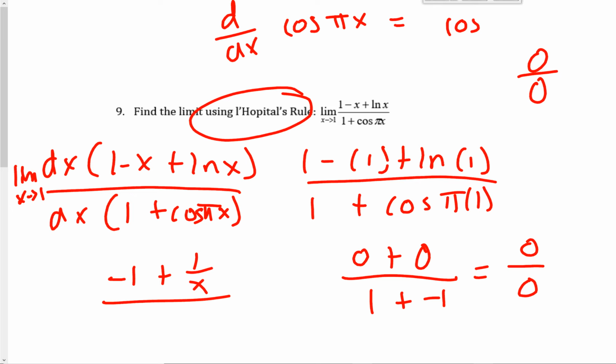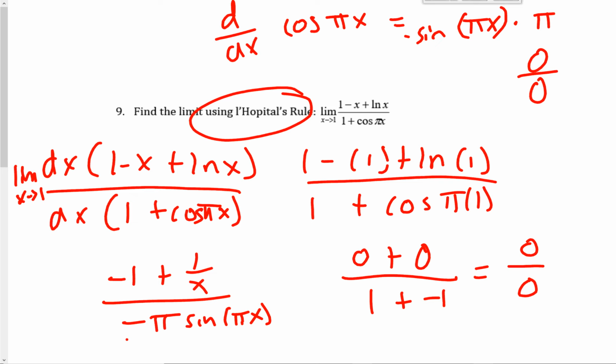So take the derivative of the outside, leave the inside the same, and then times that by the derivative inside, which is just pi. So negative pi sine pi x.